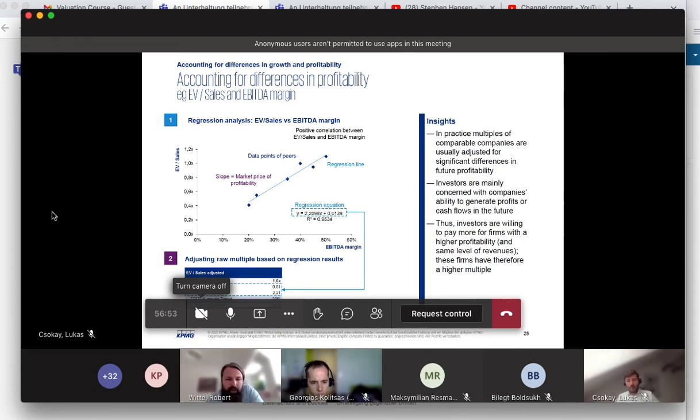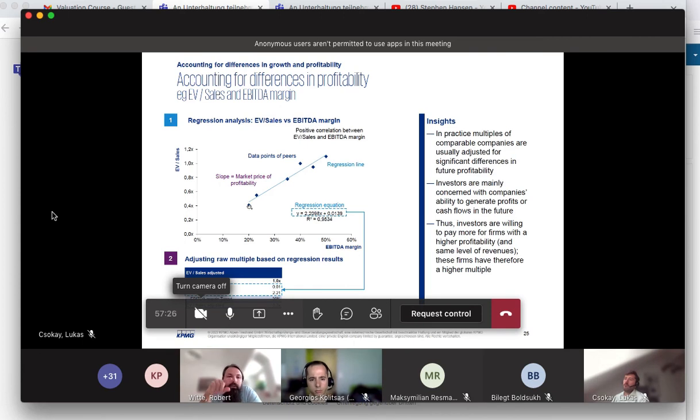What we have here are 6 data points, which are the blue dots. Each data point represents one peer, showing the EV sales multiple and the EBITDA margin, right? Starting at the lower left corner, we have the first peer, which shows an EV sales multiple of 0.4, and a corresponding EBITDA margin of 20%.